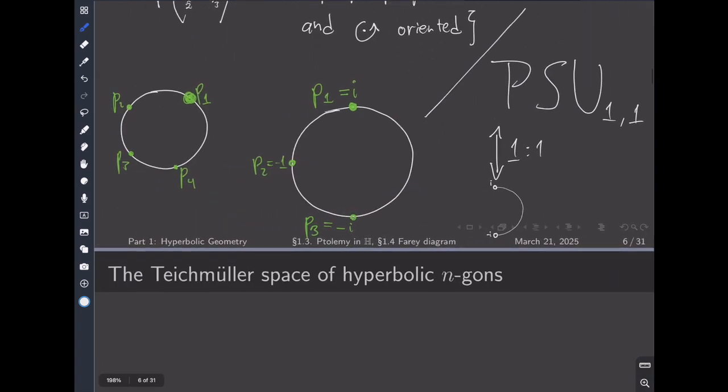Which, if you want, is diffeomorphic to R, or to the open interval (0, 1), etc., or even diffeomorphic to R positive. And somehow this is the one I like, R positive.